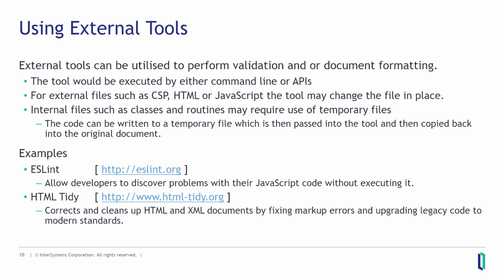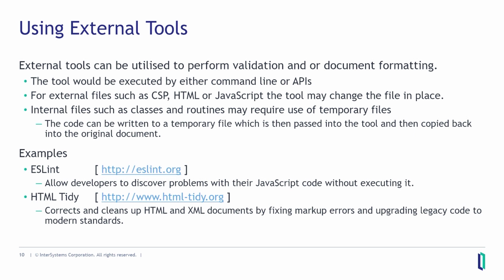So looking at the options that you can do to apply the standards, one of the least amount of effort is to just hook up to an external tool. So if there is something else that is going to give you input in terms of warnings or doing formatting, then all you have to do is where you get a block of code, you parse that out, send that to a tool.